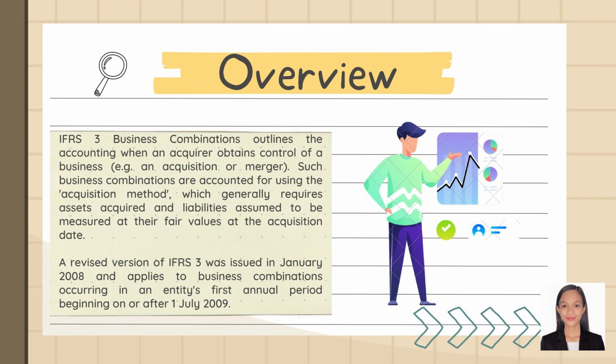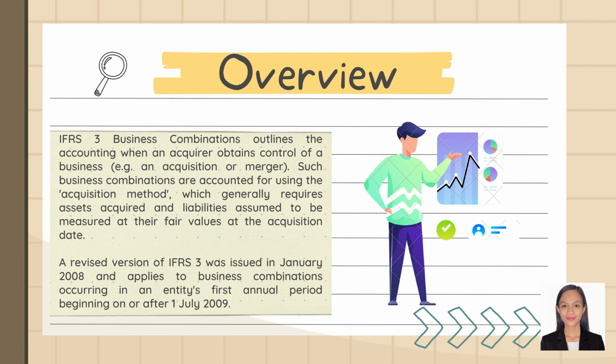Sinasabi na lang naman dito yung napag-aralan natin in the theories, which is the business combinations are accounted for using the acquisition method. In acquisition method, kaya nangyayari ang business combination, it's either you are boosting two business, or you are surviving one business.